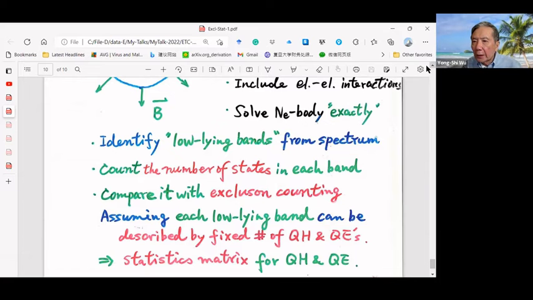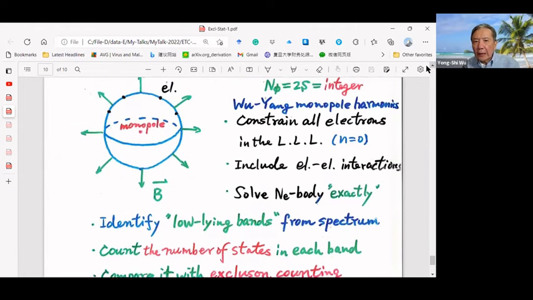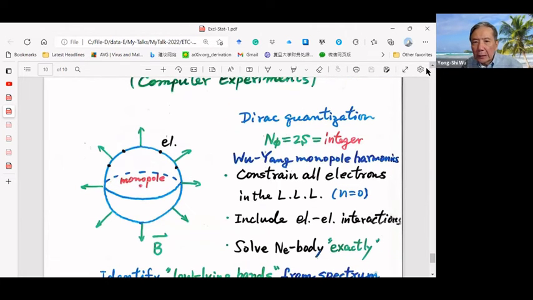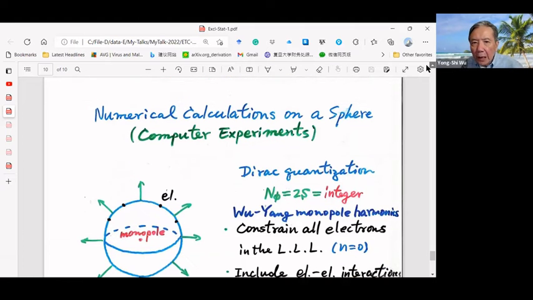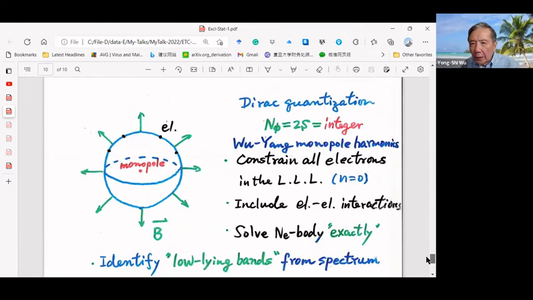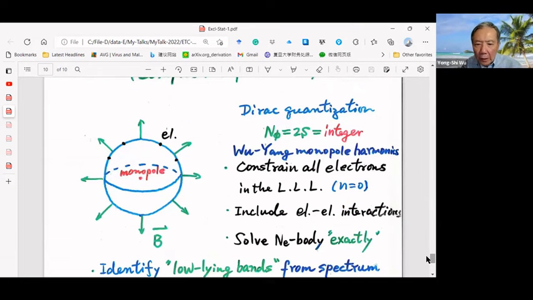Okay, then we can show that our ansatz, or state counting, can be realized for the fractional quantum Hall effect on a sphere. And we can use computer experiments to derive all relevant results.